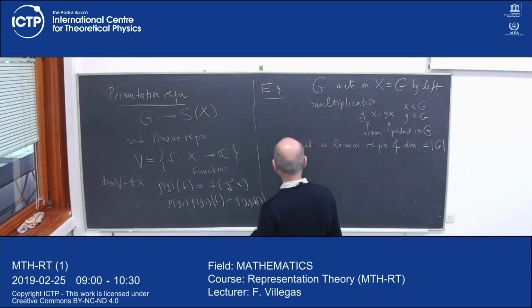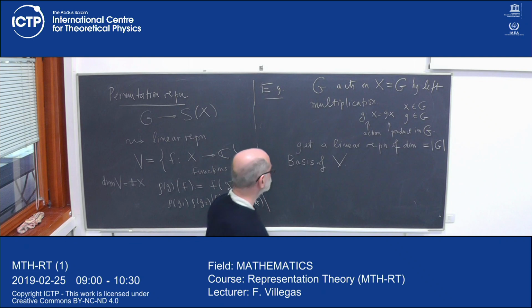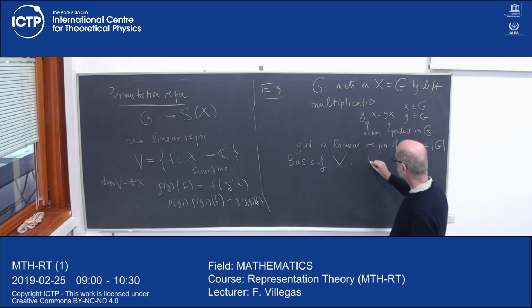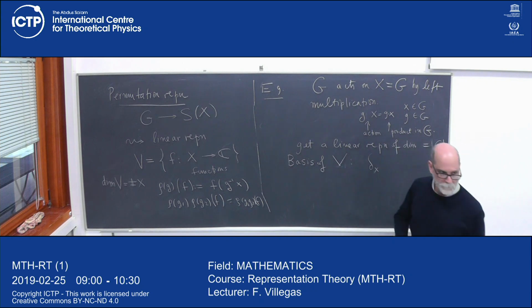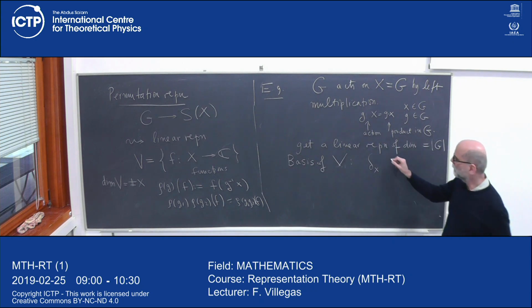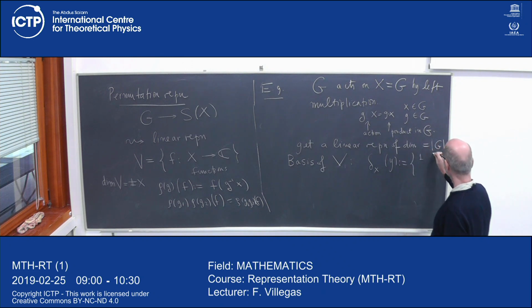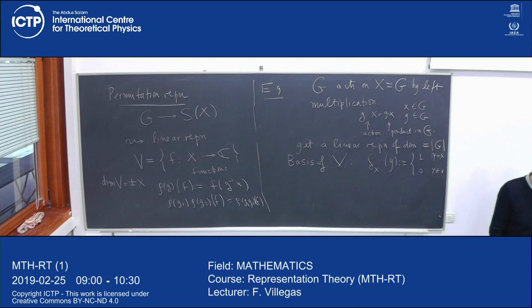So let's make this precise. Let's give ourselves a basis of V. Well, there's a clear basis, which is to take delta sub x. This is the function defined as 1 if x is equal to y, and 0 otherwise. So this is a basis.